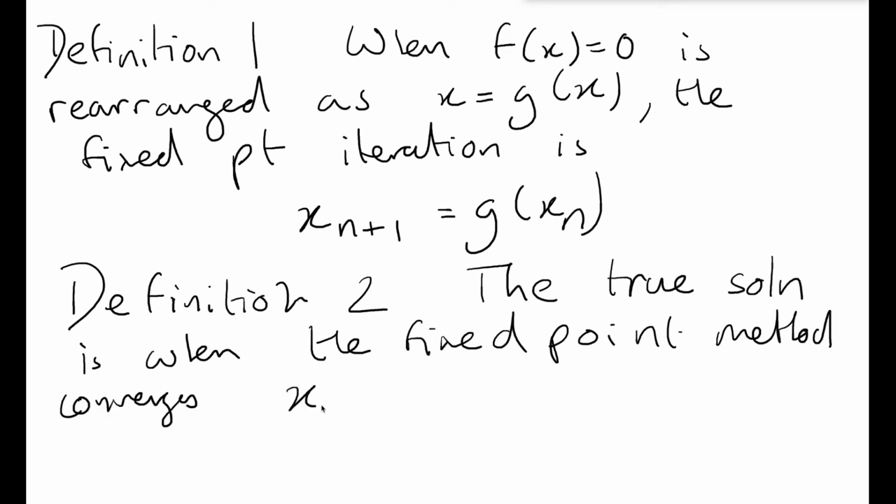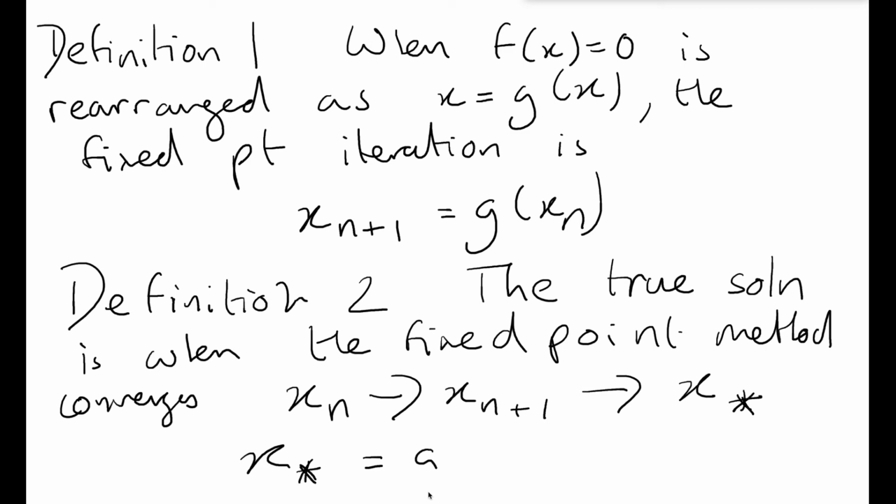So what we're saying is that x of n, x of n plus 1, will tend to this thing called the true solution, x star. So we can then restate a form of our fixed point method: x star equals g of x star. Okay, so that's just saying that the line y equals x intersects g of x.